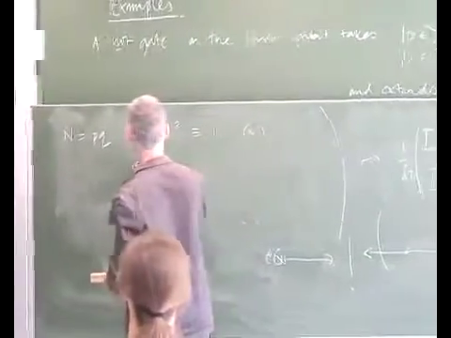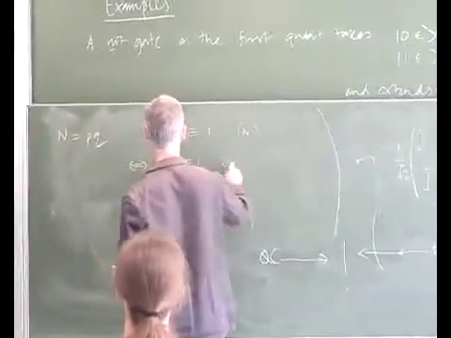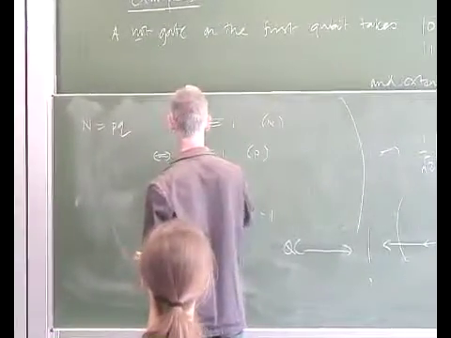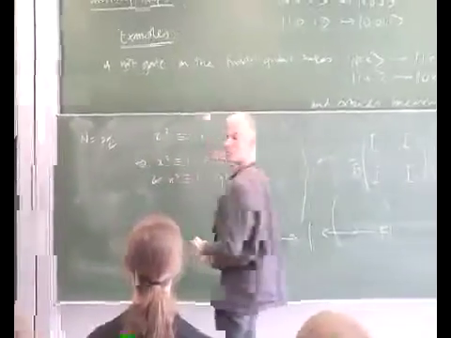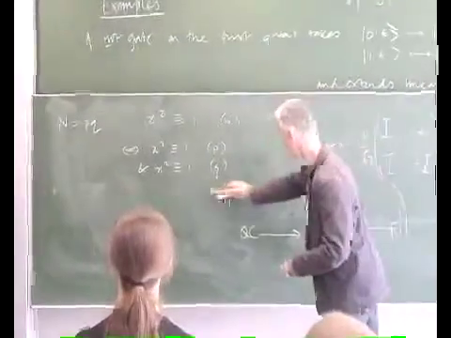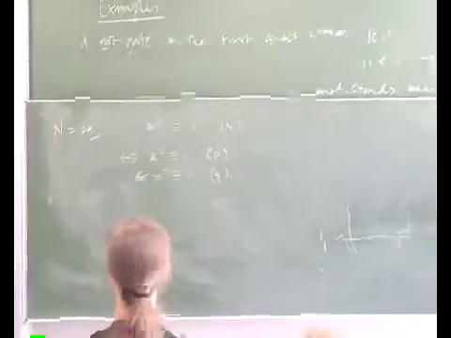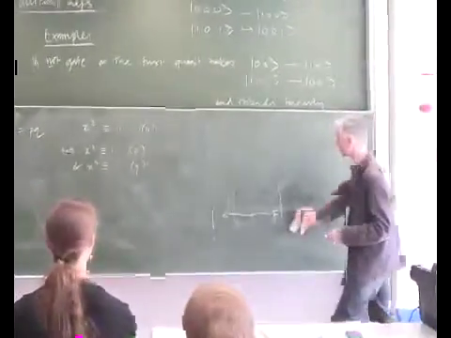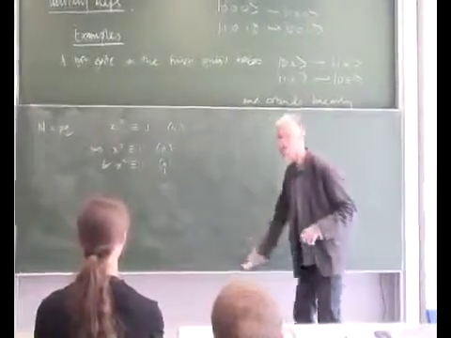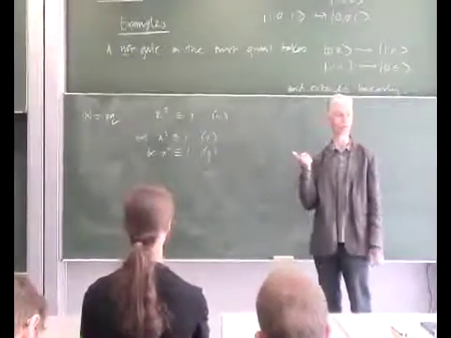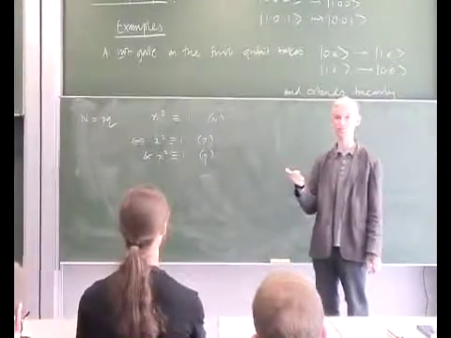It's congruent to 1 if and only if x squared is congruent to 1 mod p and x squared is congruent to 1 mod q. Now how can that happen? Well, you need x to be plus or minus 1 mod p and plus or minus 1 mod q. And by the Chinese remainder theorem, all four of those possibilities can happen.